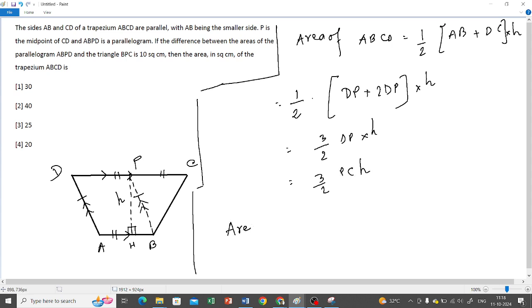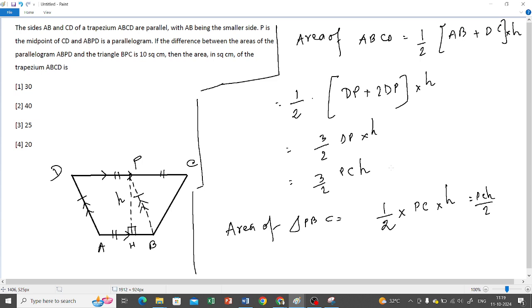Now comes area of triangle PBC. That is half into base into height, right? So that is PC h by 2.